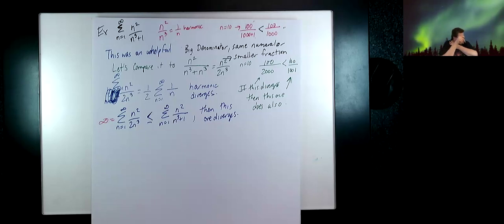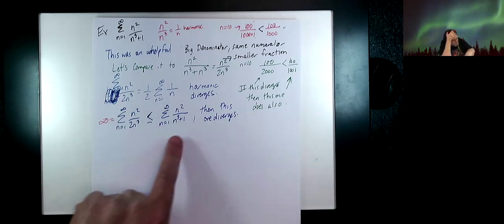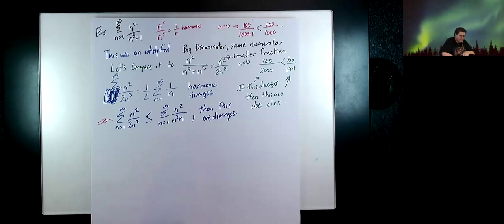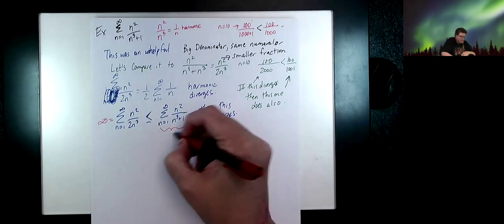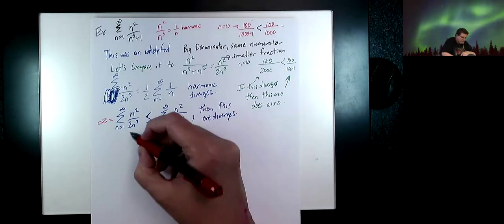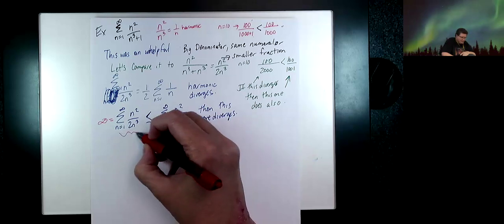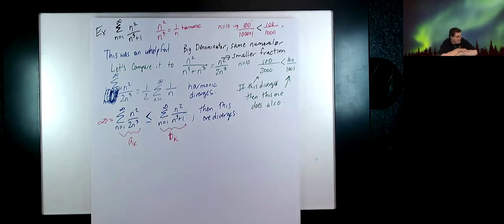You don't know which one you're starting with until you're going through with it. In this case, ours is the b sub k, and that's our a sub k. But you've got to try to compare things and see how it compares.